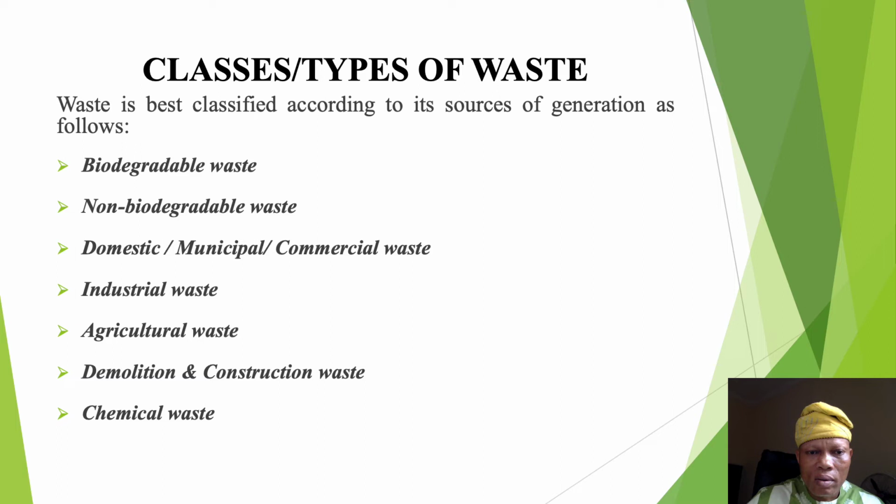This can be decomposed to obtain manure. Biodegradable waste decompose themselves over a period of time depending on the material. That is, all the wastes you have in your kitchen, the eba, the amala, the fufu, the rice that you couldn't finish, they are all classified under biodegradable waste.